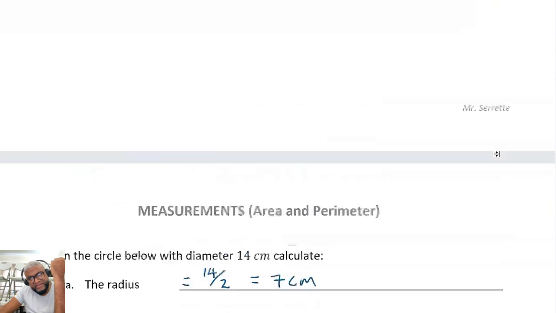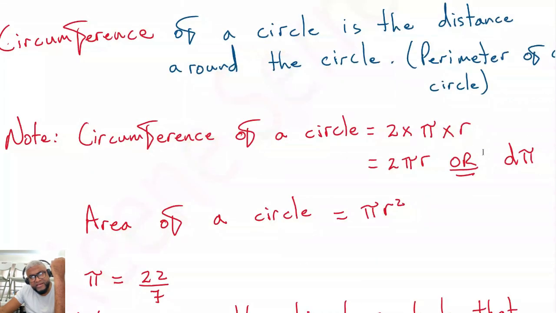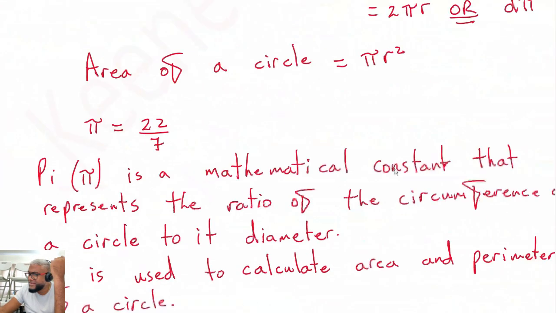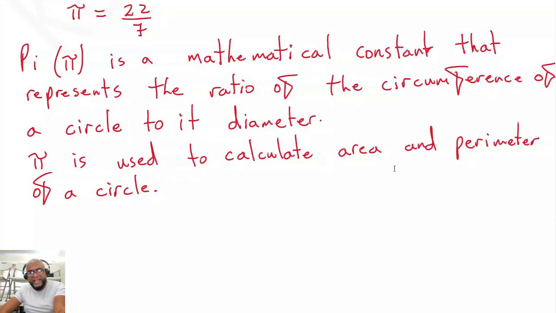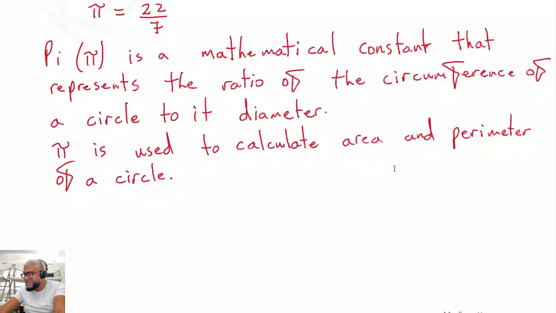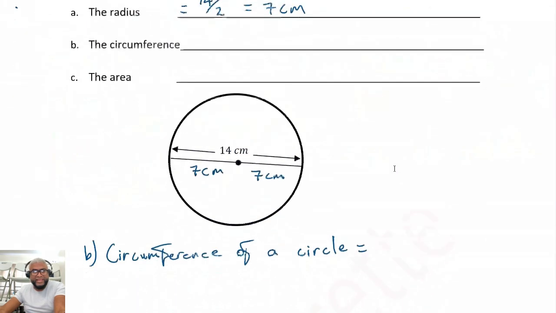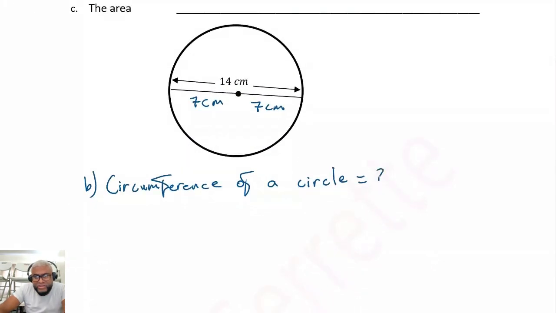Did I write 7? No, sir. 2. I multiply by pi. No, sir. Two pi r. I doubted myself. Right? So it is 2 pi r. Right, Amanda? You seen that? Yes, sir. Right.